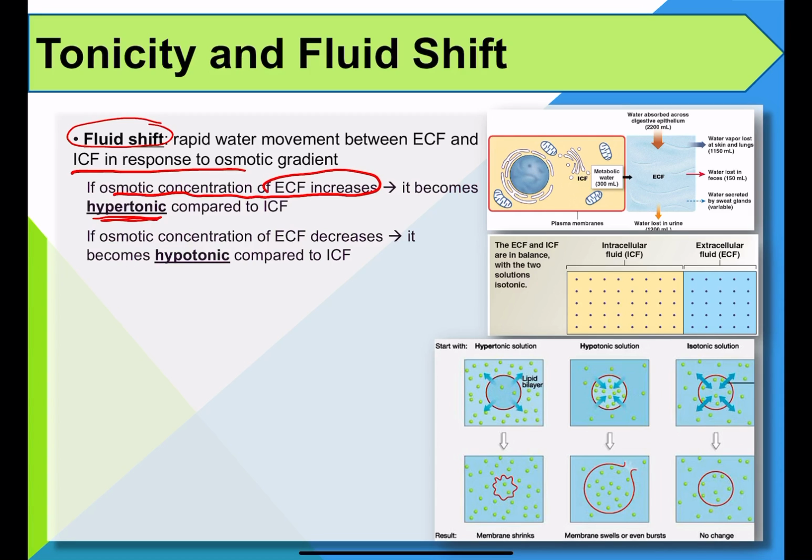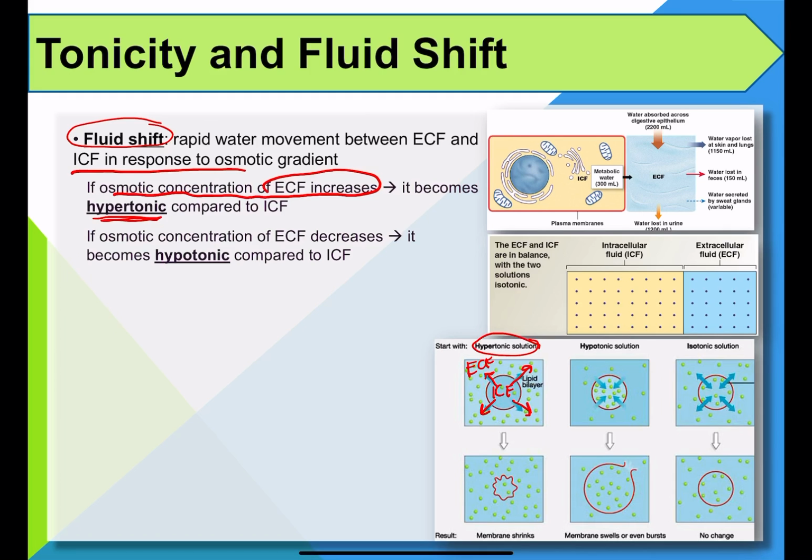Imagine this is the ECF, this is the ICF, kind of going back to your cell osmosis stuff, but now we're naming the inside ICF and the outside ECF. If the solute concentration increases in the ECF, it becomes hypertonic to the ICF, and hence fluid will move out of your ICF into your ECF to compensate.